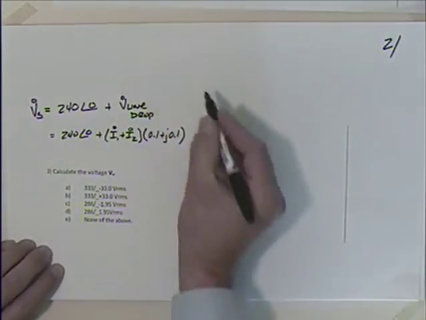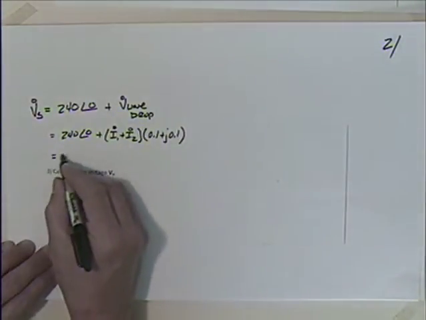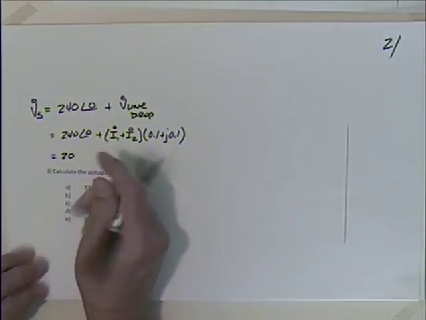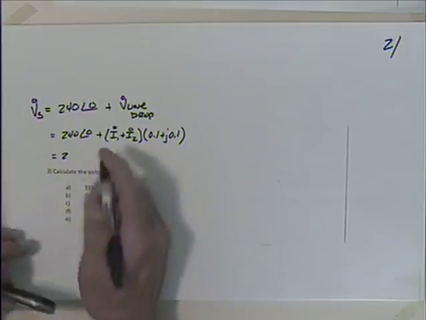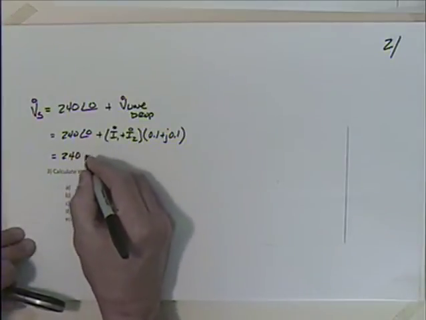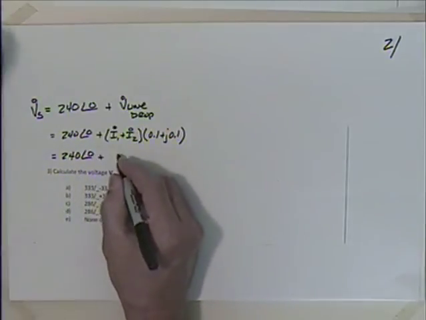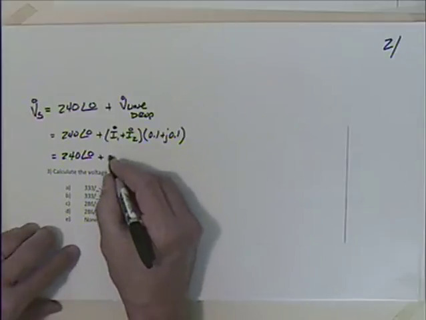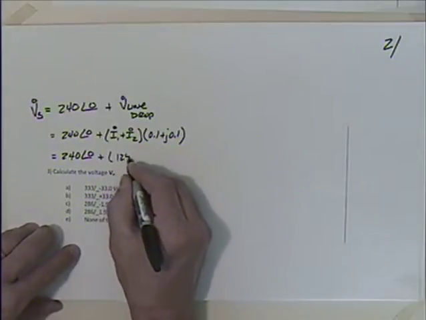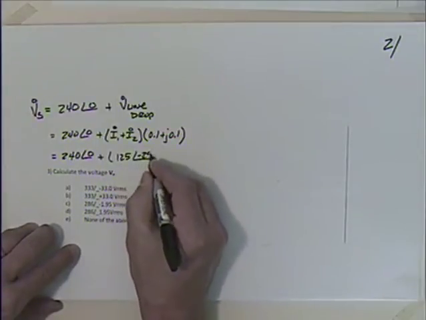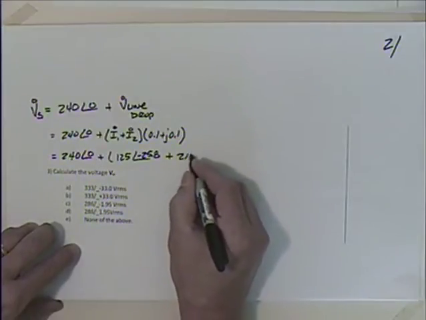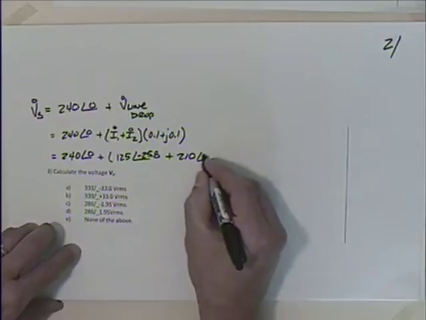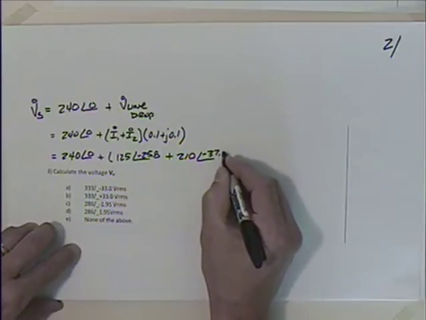So we could say that this is 240 at 0 plus, and then what do we have for I1? 125 at an angle of minus 25.8 plus, then I2 is 210 at an angle of minus 37.3.